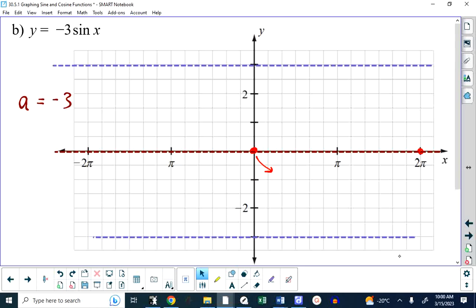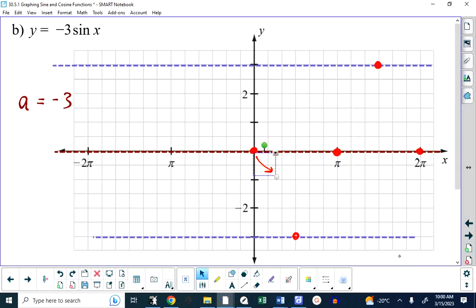Now, this red arrow is not drawn with the right curvature to it, because it has to go down from here and then back up to this point, and then up from here and back down to this last point. So it's going to have a maximum halfway between pi and 2 pi, a minimum halfway between 0 and 2 pi.